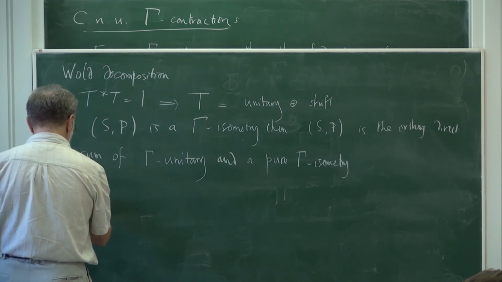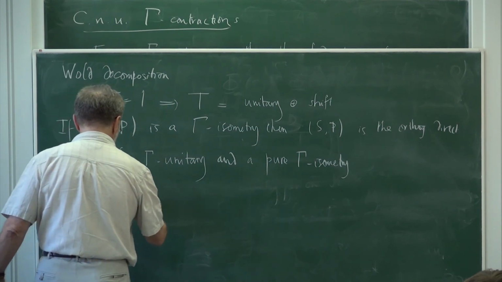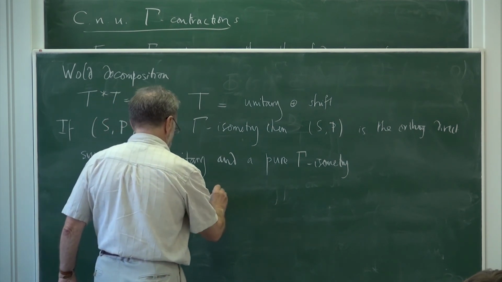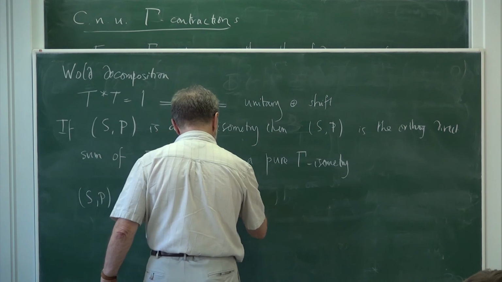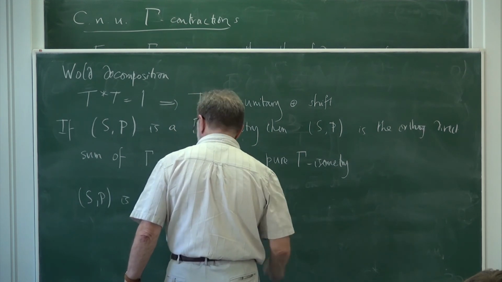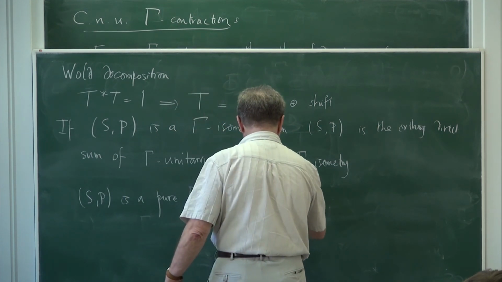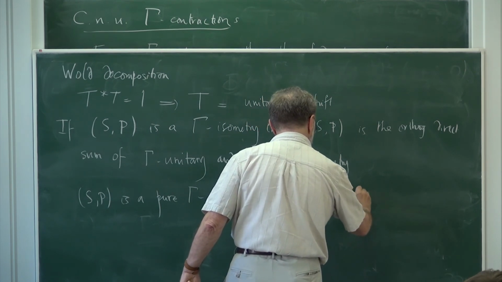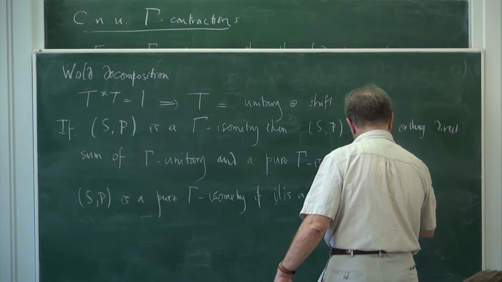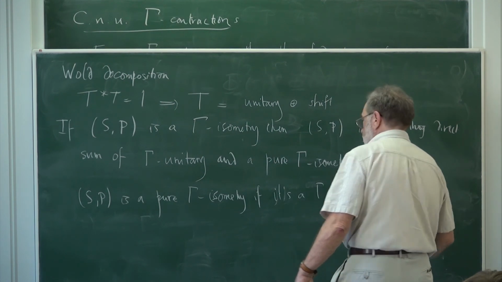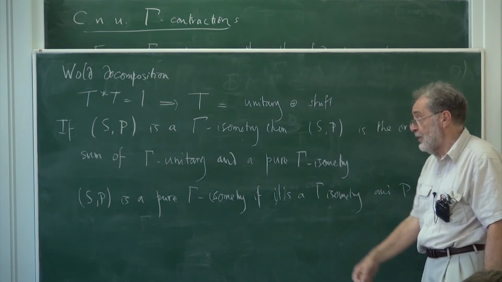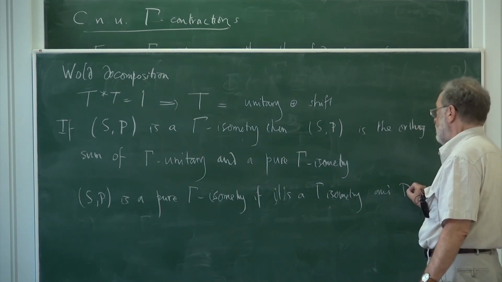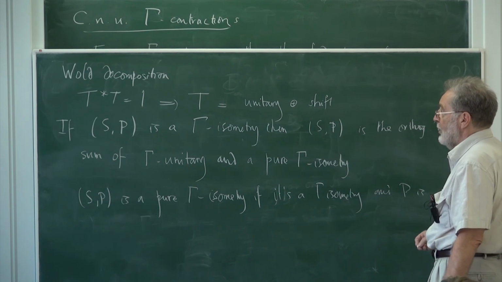So S, P is a pure gamma isometry if it's a gamma isometry and P is a pure contraction. That means, as we know, that the powers of the adjoint tend strongly to 0, and that for isometries is the same as being a shift.